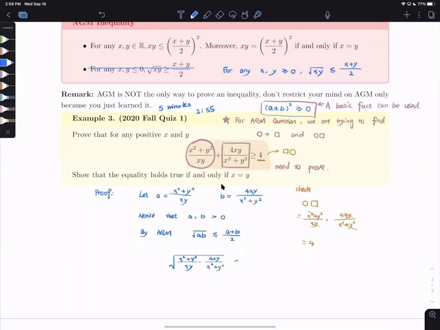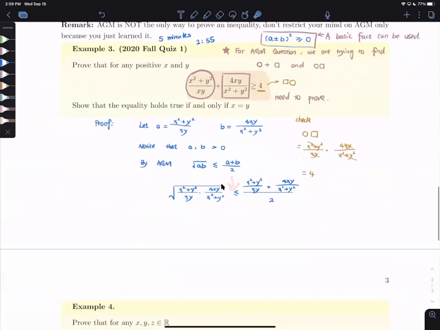This should be less than or equal to (x squared plus y squared over xy plus 4xy over x squared plus y squared) over 2. So AGM tells us this is true.